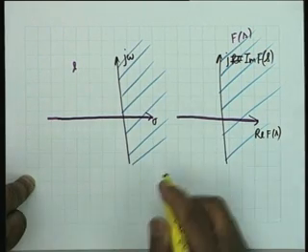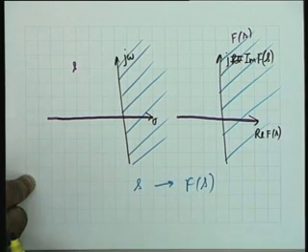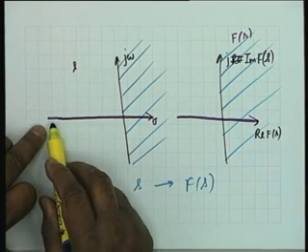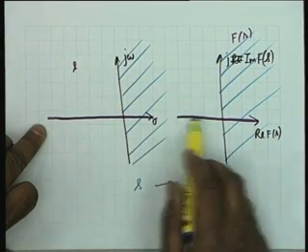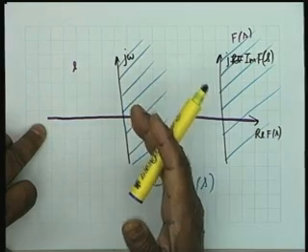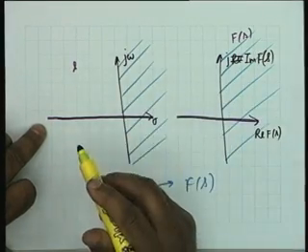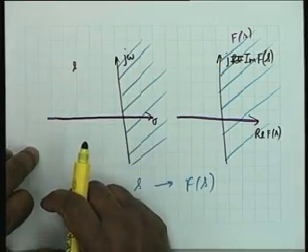It is an S to f of s mapping in such a manner that the real axis of the S plane maps onto the real axis of the f of s plane, and the right half of the S plane maps onto the right half of the f of s plane. That is the definition of a positive real function.